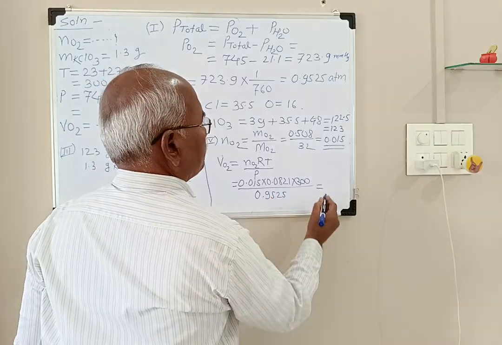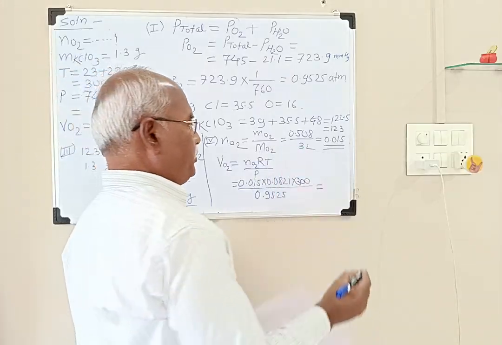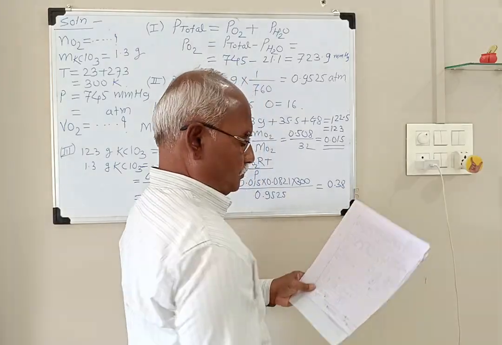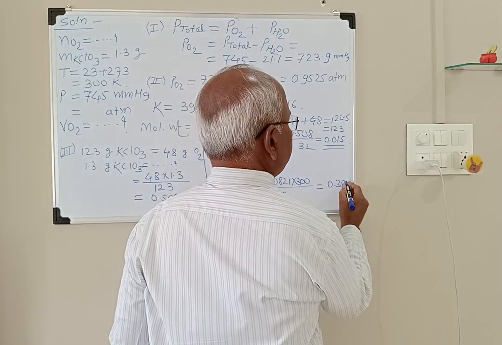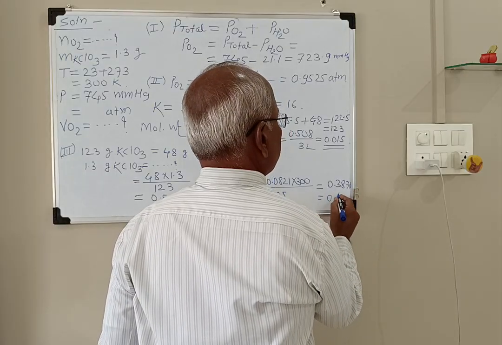Simplify this. The answer is 0.3878, which is nearly equal to 0.4.